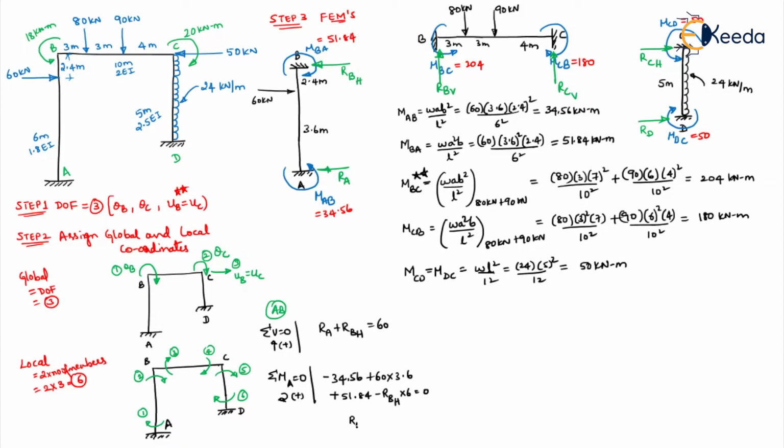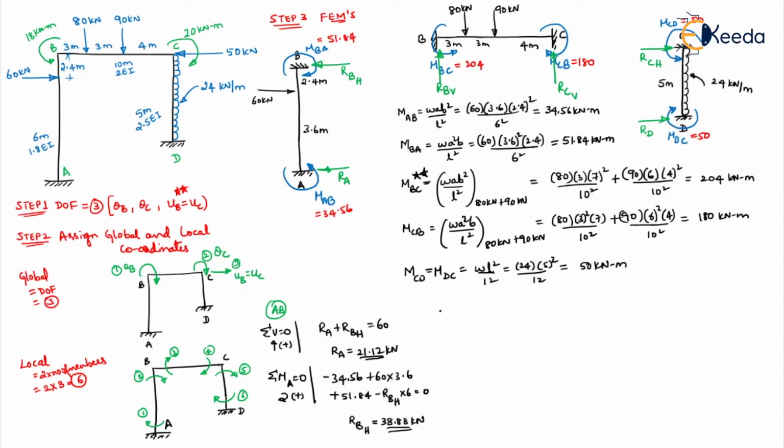So this will give you the value of RBH, that will be equal to 38.88 kilonewton. Once you get this, substitute it here, you will get your RA value. That's nothing but 21.12 kilonewton.